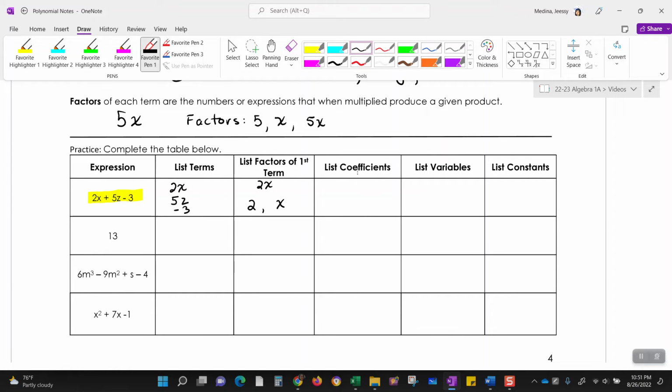We want to list the coefficients. Coefficients are going to be the numbers in front of the variables. So in this case, it's going to be the 2, it's going to be the 5. We want to list the variables. The variables are the letters, and in this case, the letters are the x and the z.